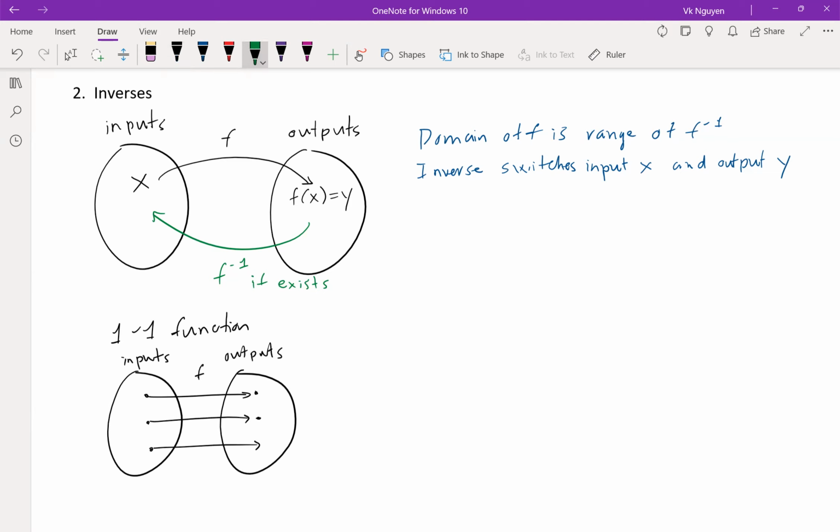So when we go the other way, yes, there is an inverse. F inverse is one-to-one.